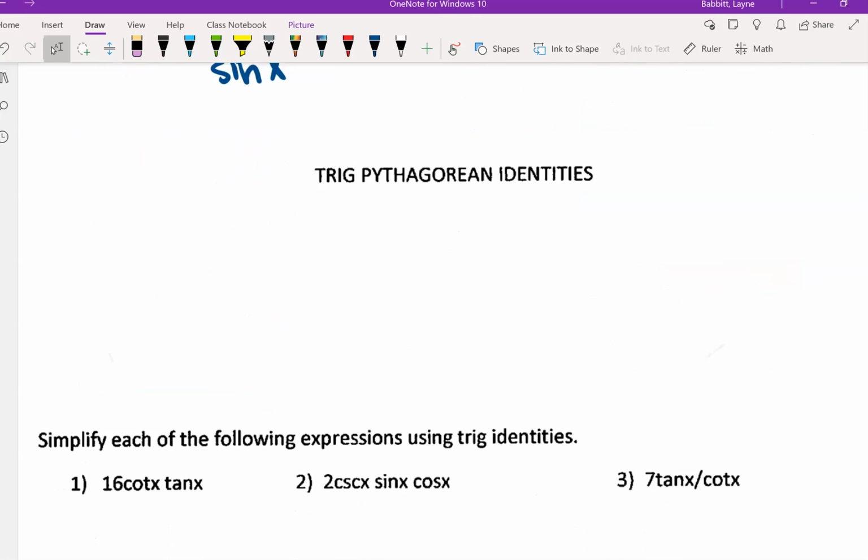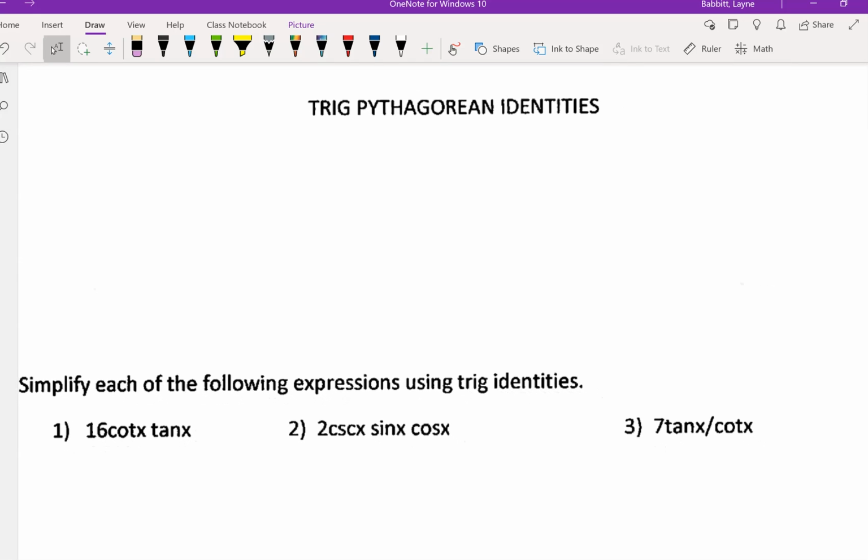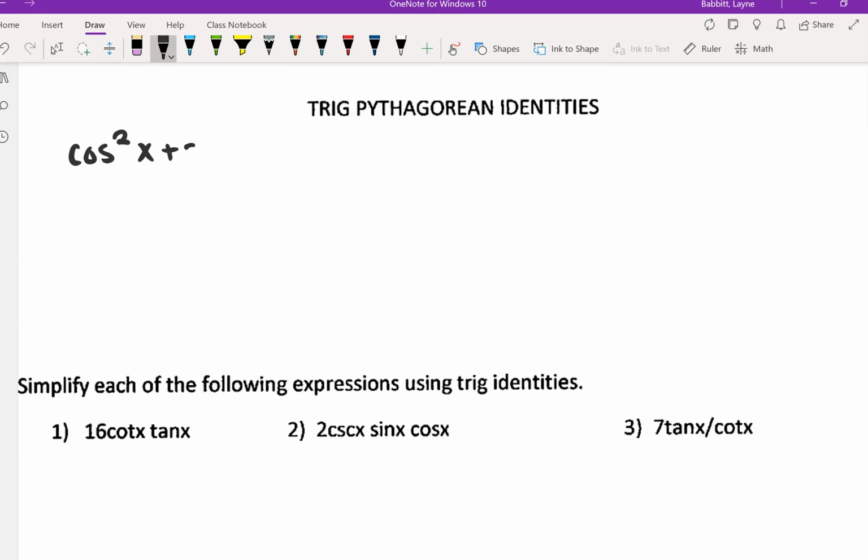Other big identities that you need to know are the Pythagorean identities. I'm sure you have the basic one memorized already, cosine squared x plus sine squared x equals 1, and then there's a lot of different variations of that.